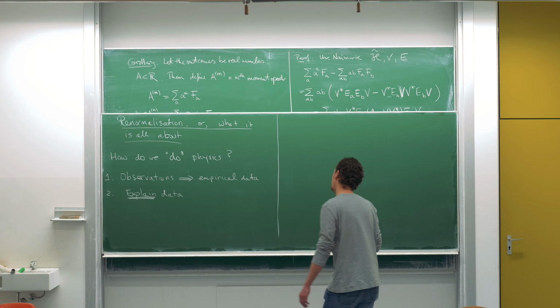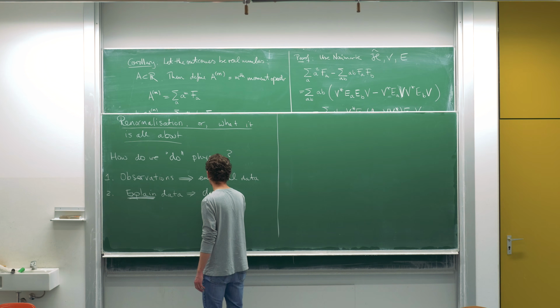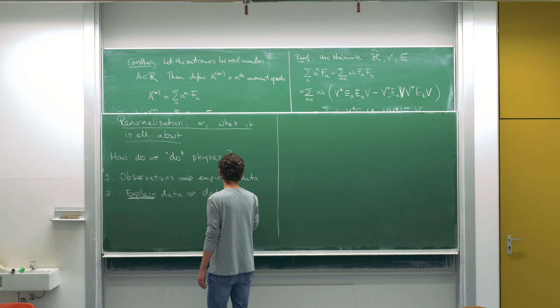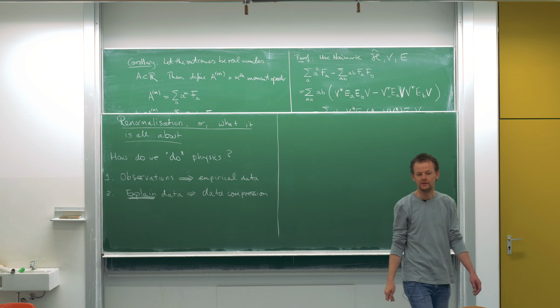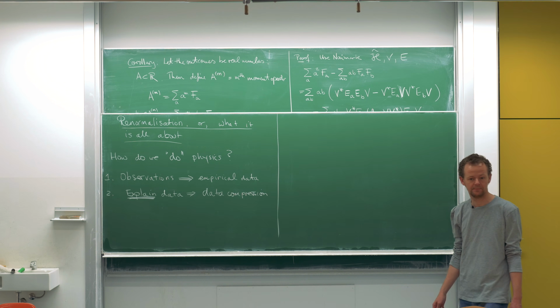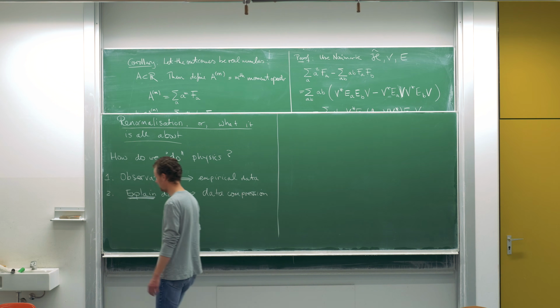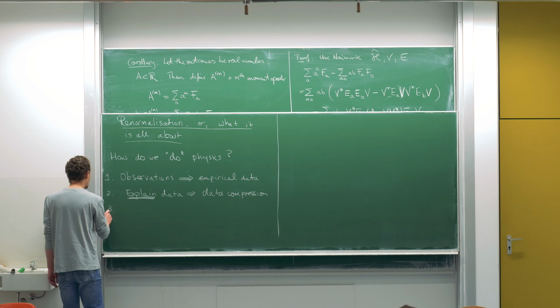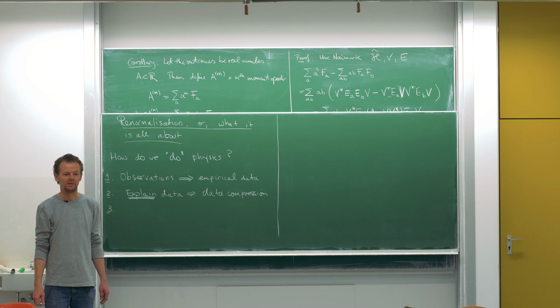So if you like, explaining data is a form of data compression. You have all this observational data, you don't want to remember all of it, so you want to compress it. You want to make it easier to store without having to just remember the whole list.